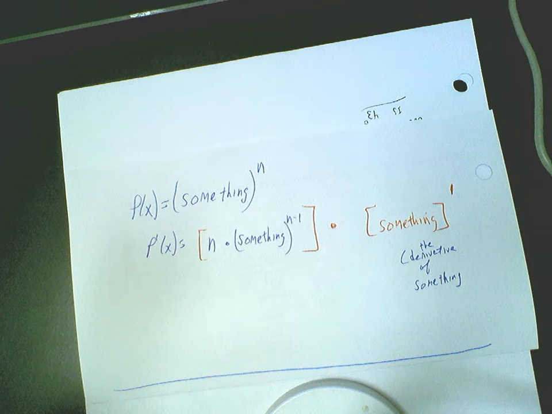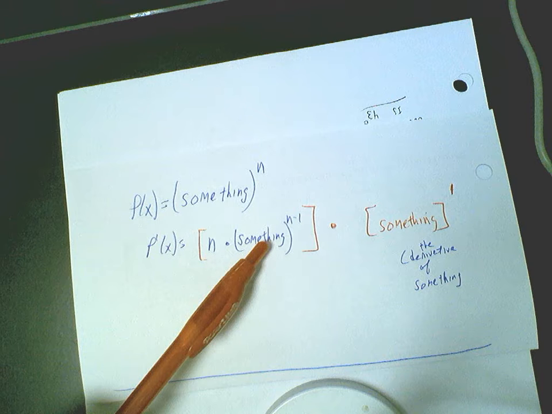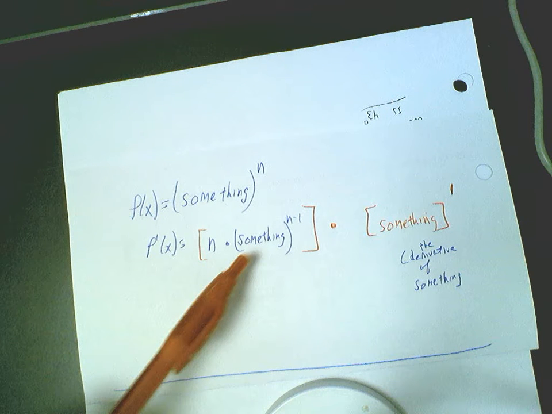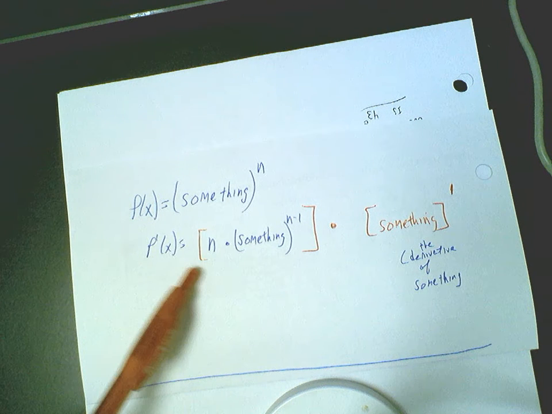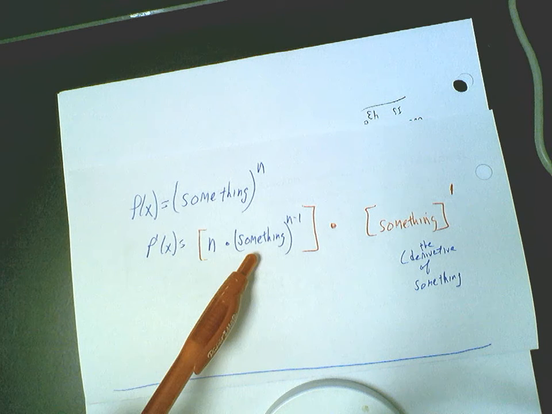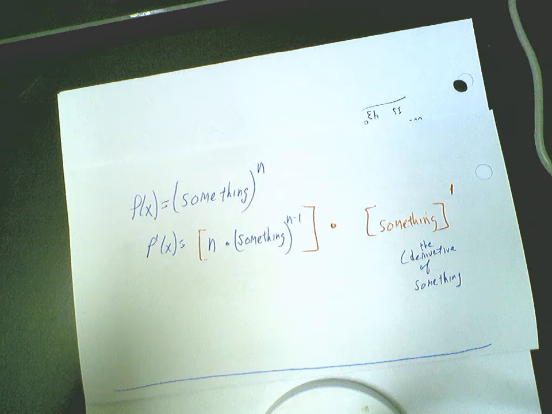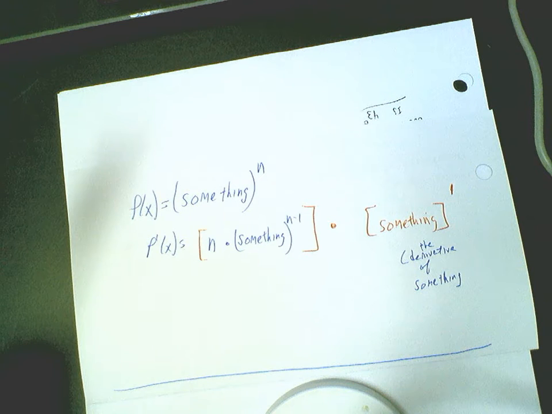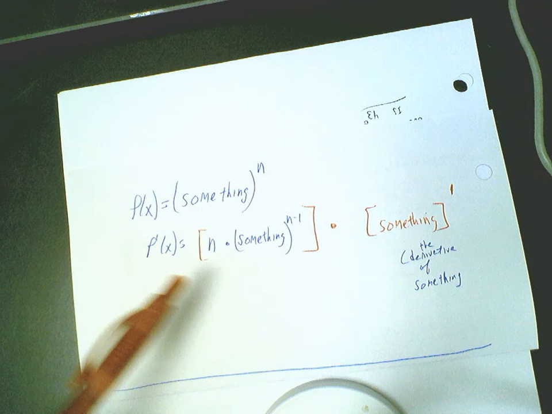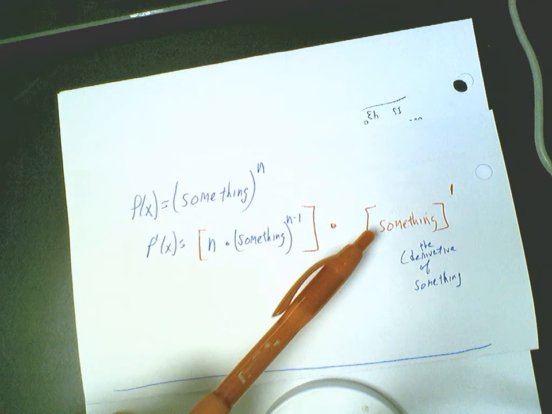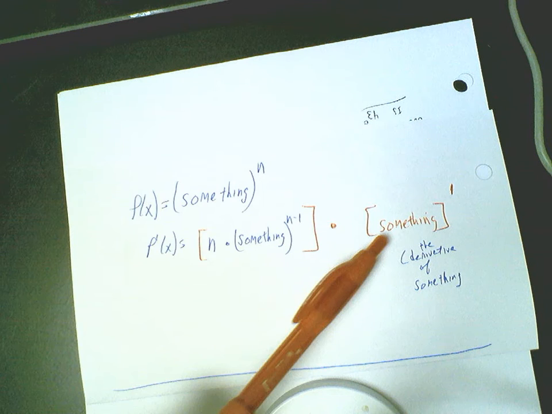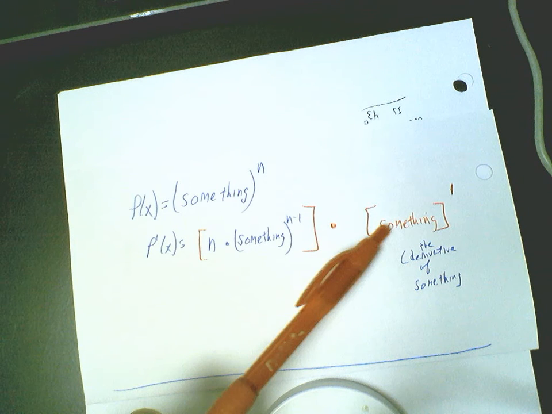I freely admit that something looks a little bit odd there, but whatever happens to be raised to the power, we multiply by n, take that thing, and now raise it to the n minus 1 power. And then to get the overall rate of change, remember this is a composite function, we're also going to take the derivative of something. So when you see times something prime here, that means the derivative of something.